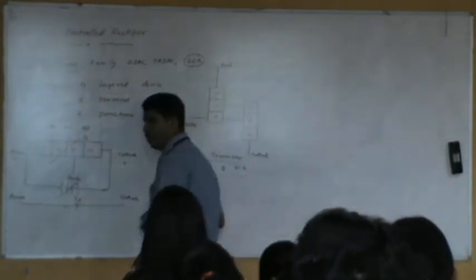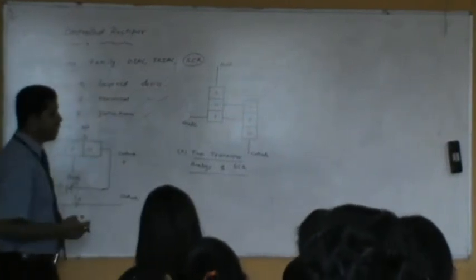Of course, there is a symbol for this, because to construct a circuit from the silicon controlled rectifier, you need not draw a structure like this. There is an electronic symbol for this.